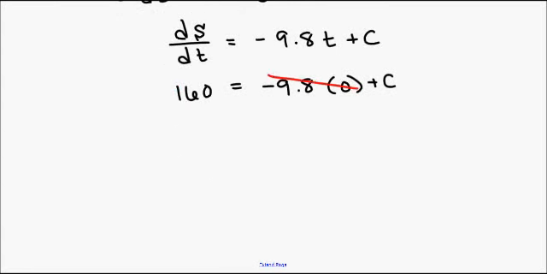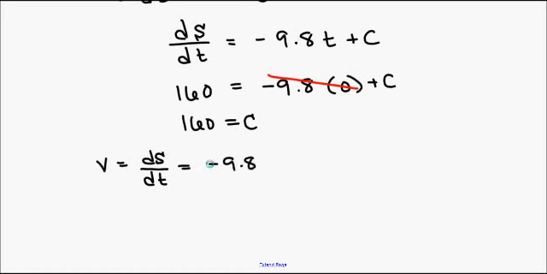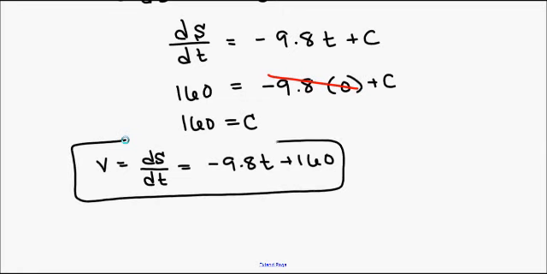That goes away, so we're left with c is 160. So our velocity, which is ds/dt, equals negative 9.8t plus 160. Found the velocity. Part A is done.